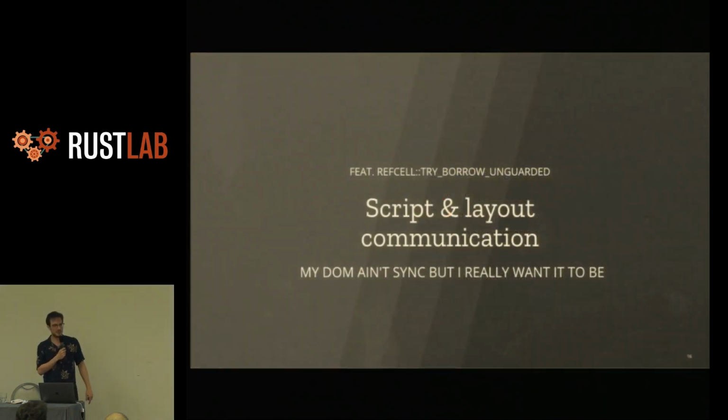So now the second part of the talk is about another part of Servo. Servo is a browser, so you have a JavaScript engine in it, an implementation of the document object model. And if you have done some JavaScript on the web before, you know that JavaScript is single-threaded, and there are lots of interfaces in the DOM.